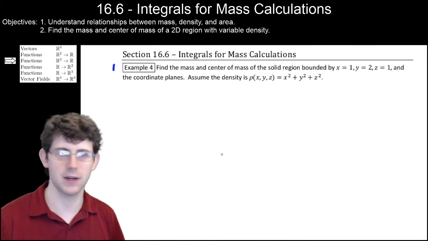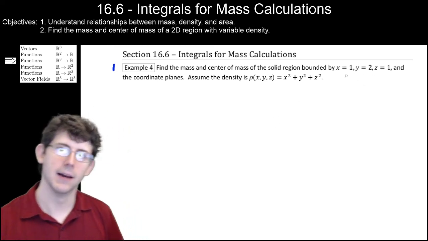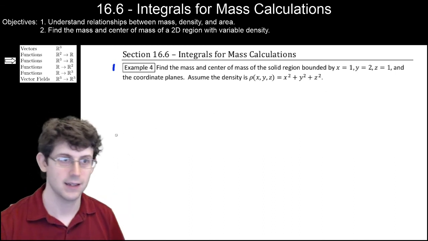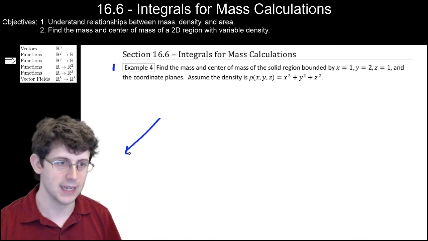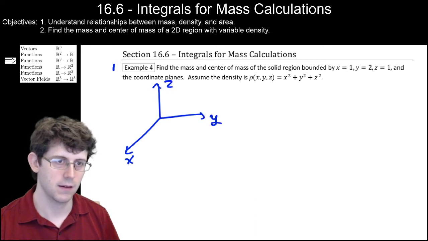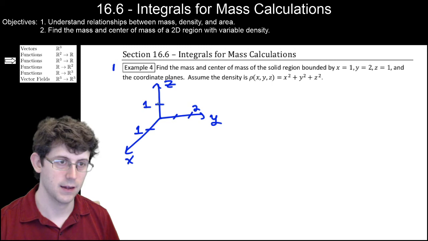Anyway, let's do one object where we do a 3-dimensional object. We won't make it too crazy. This is just going to be a solid box. So we're going to do the coordinate planes, x equals 1, y equals 2, and z equals 1. So we'll have this solid box.